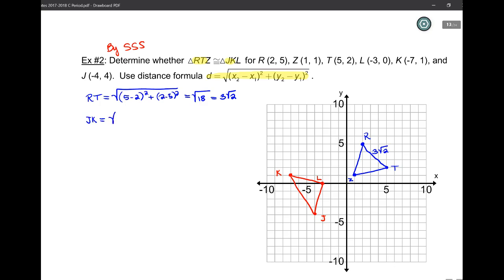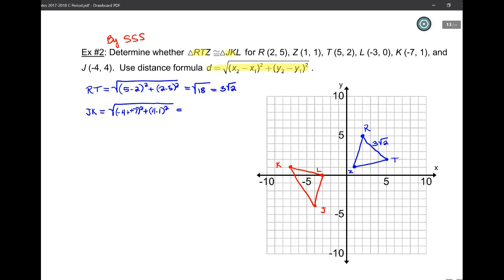So we have the square root of -4 minus -7 squared plus 4 minus 1 squared. Well, -4 minus -7 is 3 squared. So we have 9, and then 4 minus 1, that's 3 again, squared. So we actually get 3 root 2 for segment JK. Okay, so far we know these 2 segments are congruent.